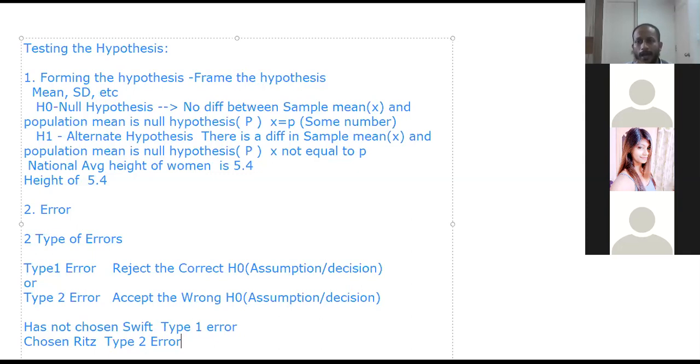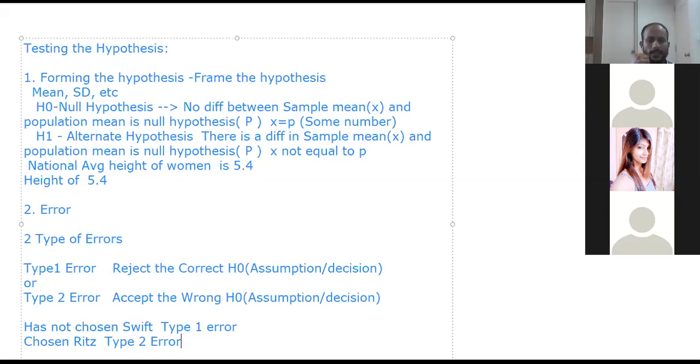When I reject the correct hypothesis, I'm actually making type 1 error. When I'm accepting the wrong hypothesis, the wrong assumption, that is what we call type 2 error. You will get more clarity once we start solving problems.